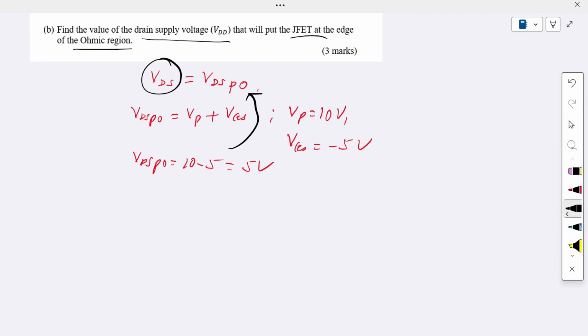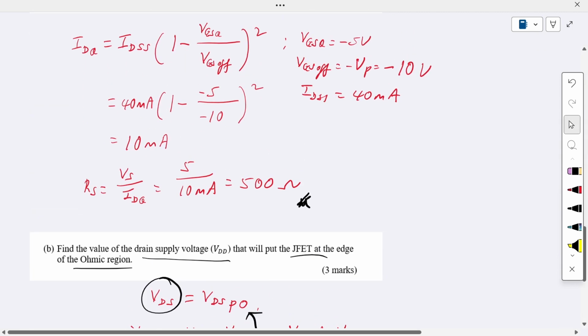Okay, now we need to know what is the VDS. So VDS is equal to VD minus Vx, and that must be equal to 5 volt, right? Now in that case, what is the Vx?